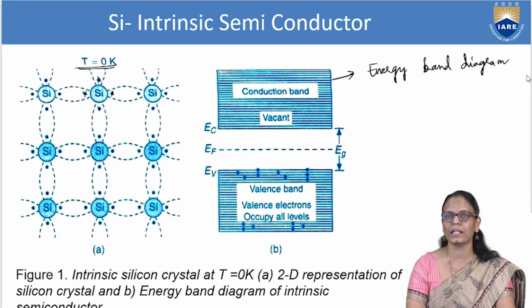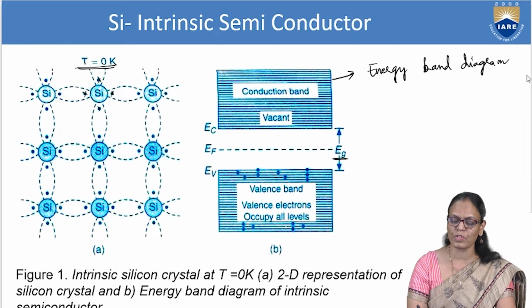But the conduction band is vacant, which means there are no electrons in the conduction band. And we are also showing this gap, Eg. If the valence electrons have to go to the conduction band, we have to supply a minimum amount of energy equal to Eg.